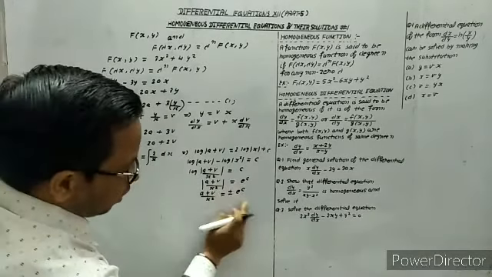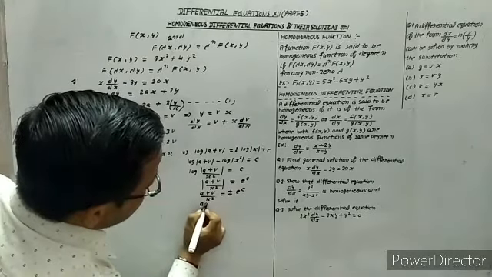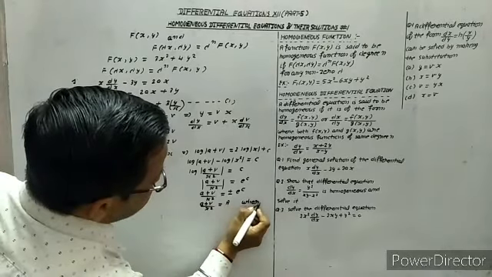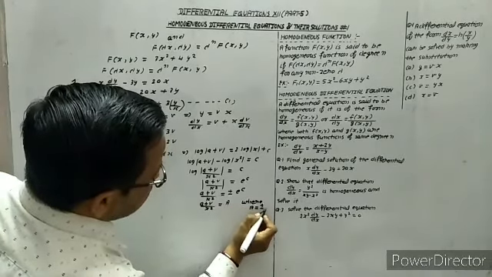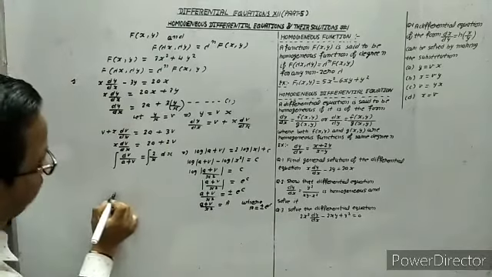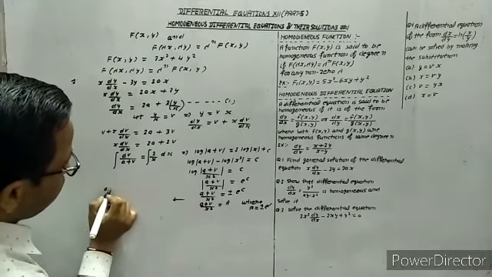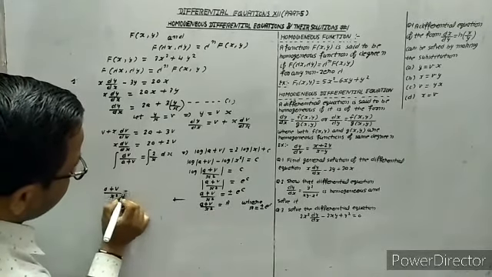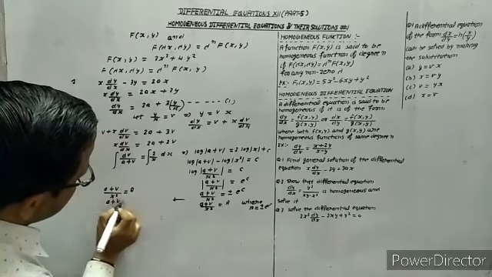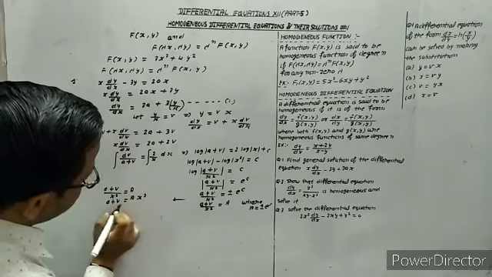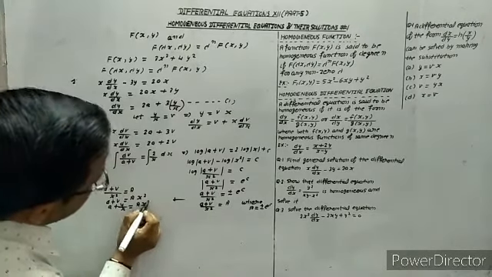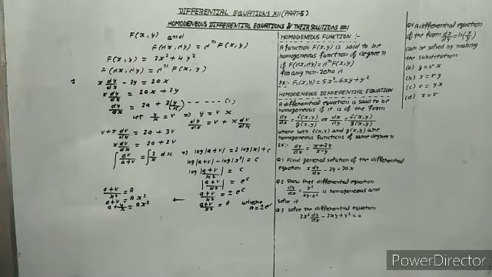Now consider this a new constant, A, where A = ±e^c. So here I am writing (a + v)/x² = A. It means a + v = Ax². Substitute the value of v. It means a + y/x = Ax², and this is the solution of this differential equation.